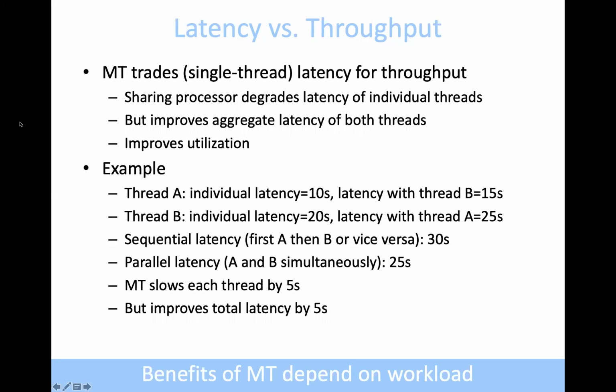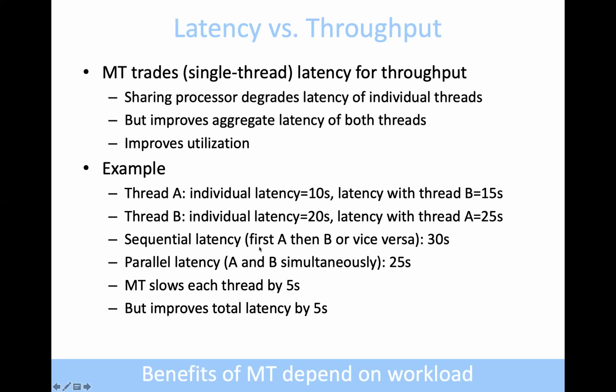So the example: if you had two threads, thread A and B, A has individual latency 10 seconds, latency with thread B is 15 seconds, and thread B has individual latency 20 seconds, improved latency with thread A 25 seconds, right?